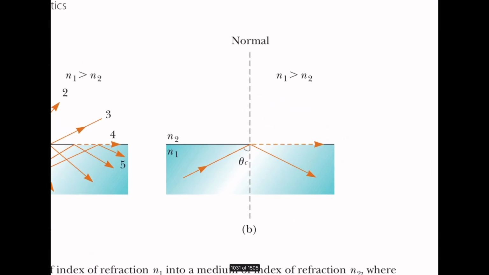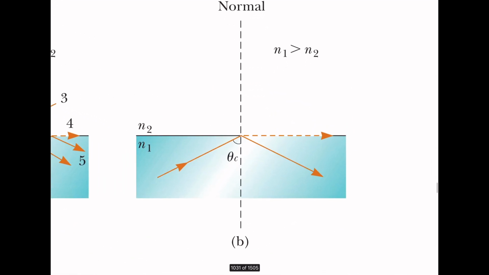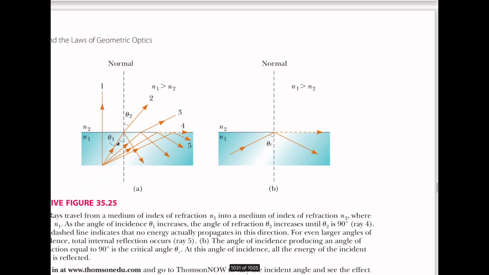So in this image, you can see the light ray is coming in and it hits the boundary of the two mediums, N1 and N2, and the light ray reflects back. It looks just like reflection, and there is no refracted light ray. There's no light ray going into the white section denoted by N2.